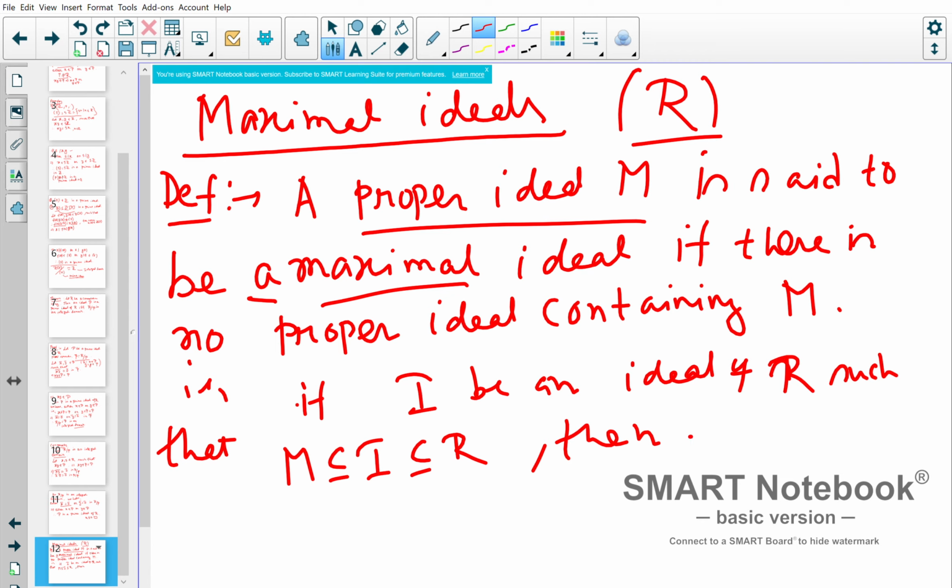Either M equal to I, the same, or no proper ideal containing M other than M, obviously. Obviously M always contains M, right?